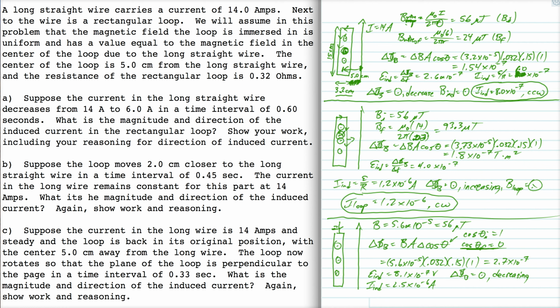And so the flux drops from 2.7 times 10 to the minus 7 Tesla meters squared down to 0. That means that the induced magnetic field of the loop is going to try to replace what's lost. And if that is the induced magnetic field, it's generated by a counterclockwise current. So our current is CCW. So there's our final current of the 3.